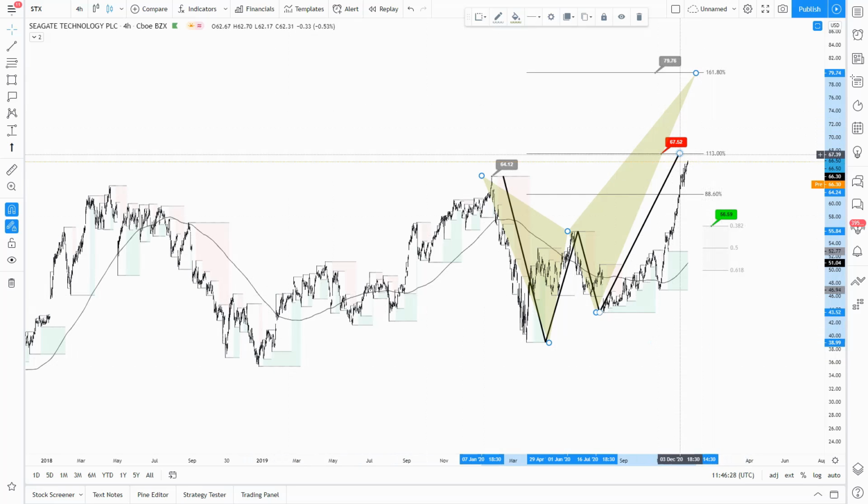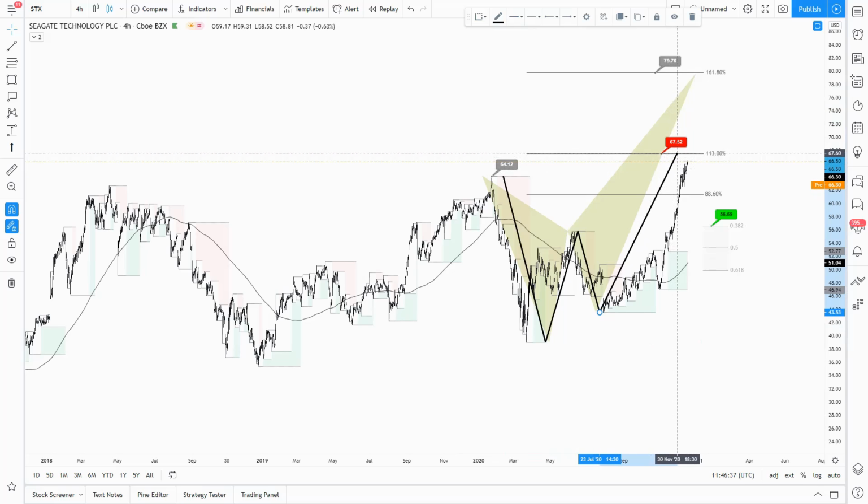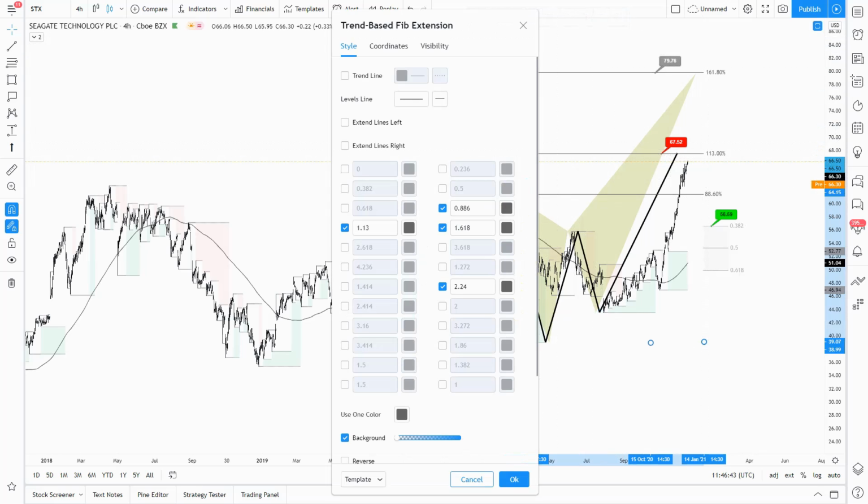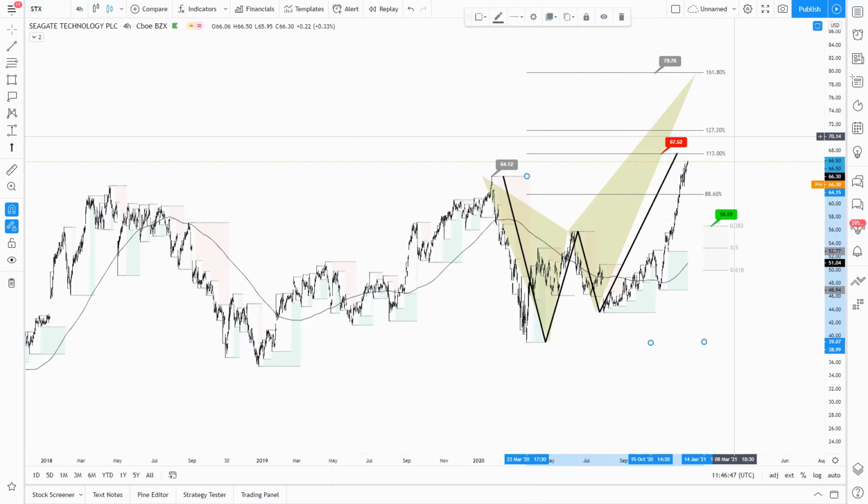So we can create that expectation, but the market may also fail that expectation. And the 113% Fibonacci extension, I use it to identify, let's say, the limit, to identify the potential false breakout above. I can use also the 127, let's say the range between the 113, 127, to search for that pullback.